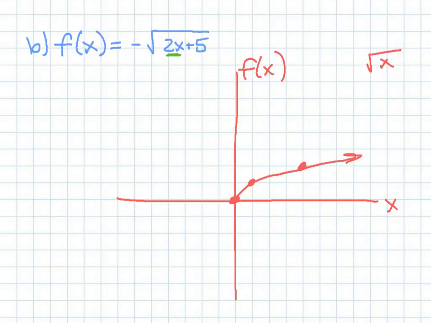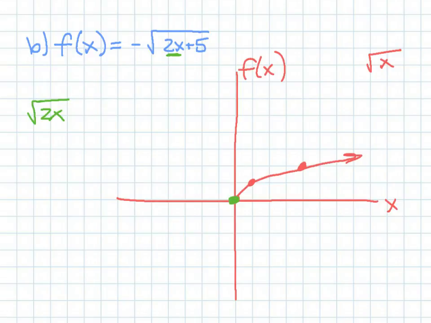If you think about what it would be if it was just 2x, so think about your 0, it's just 0 still. But then 1 times 2 makes it 2.